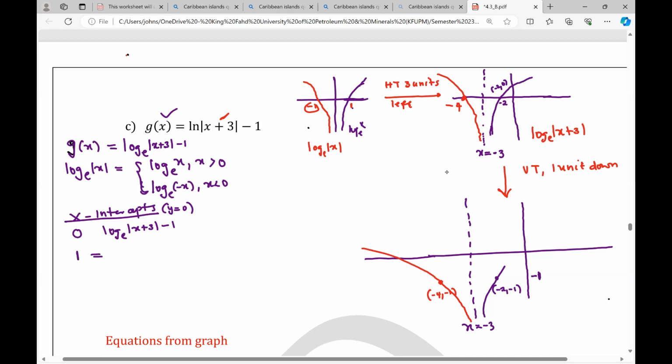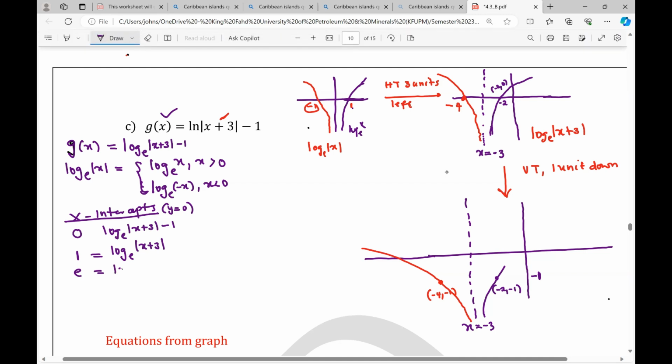Here becomes 1 is log to base e of absolute value of x plus 3. And then now this will become e to power 1 is equal to absolute value of x plus 3. So here we have x plus 3 equals e, or x plus 3 is equal to minus e. So here x will be e minus 3, or x will be minus e minus 3.